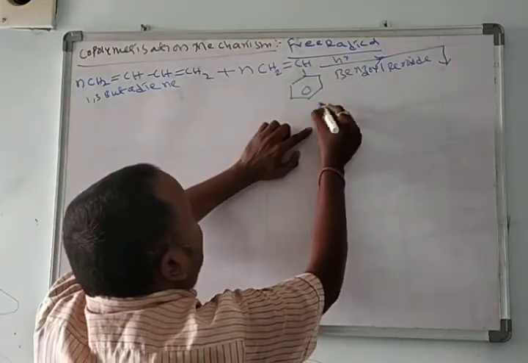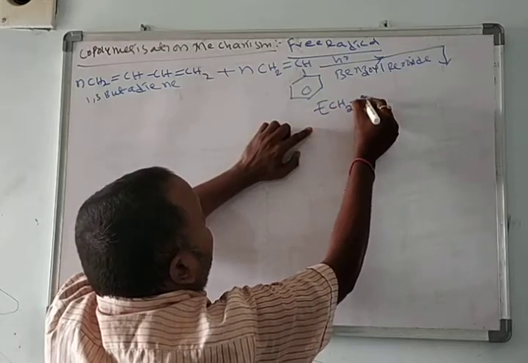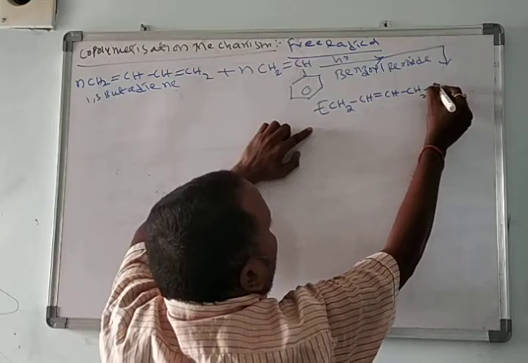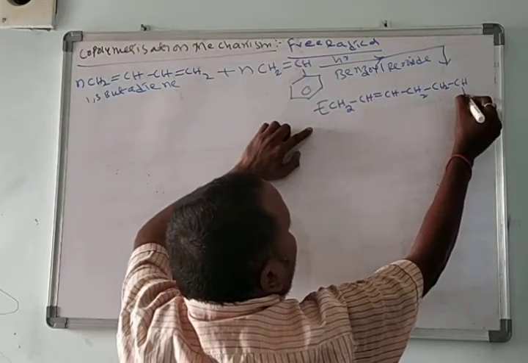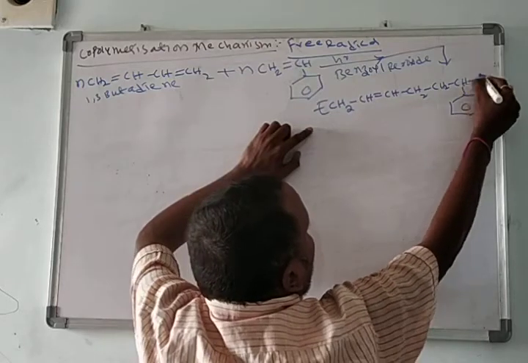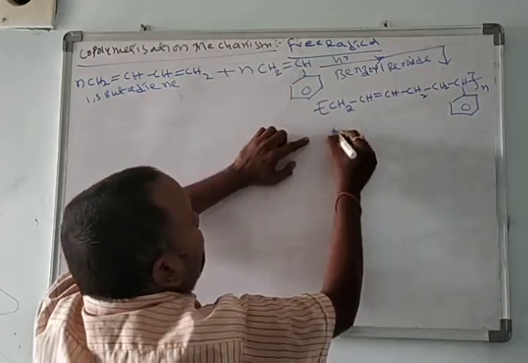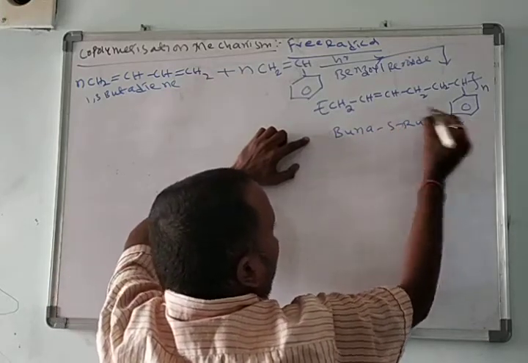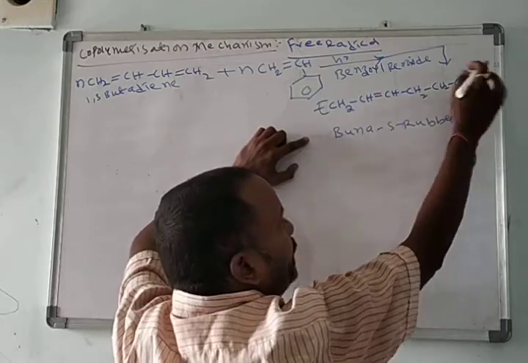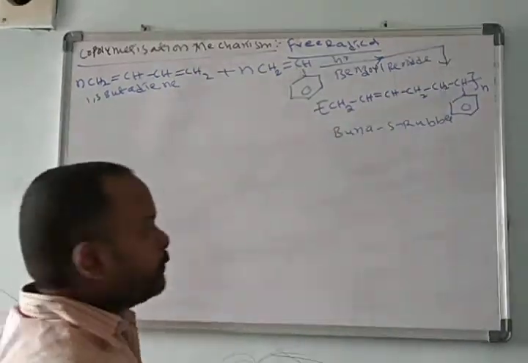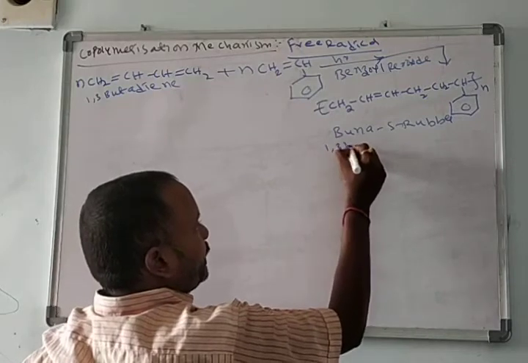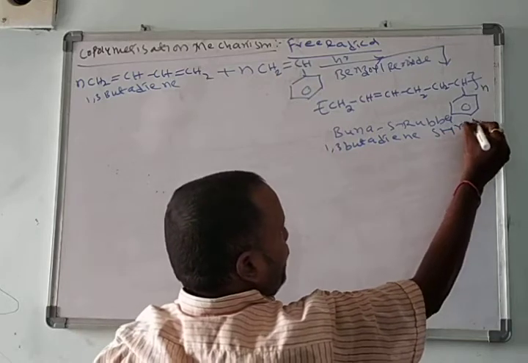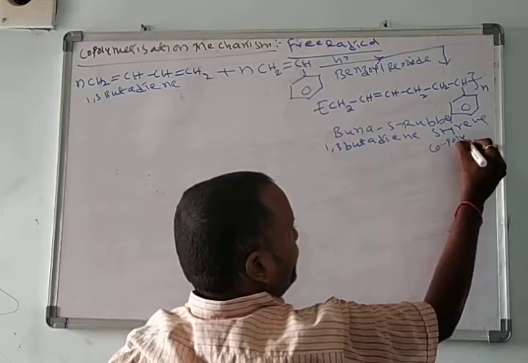Here I am writing polymer, CH=CH, CH2, CH2, CH, here taken n times. This is the Buna S rubber, or we simply call it 1,3-butadiene styrene copolymer.